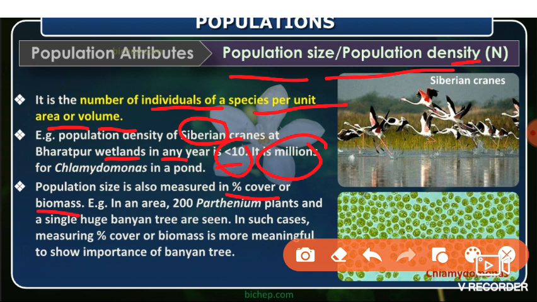You can take it as a percentage or as biomass. Example: in an area 200 Parthenium plants and a single huge banyan tree are seen. In such cases measuring percentage cover or biomass is more meaningful to show the importance of the banyan tree.